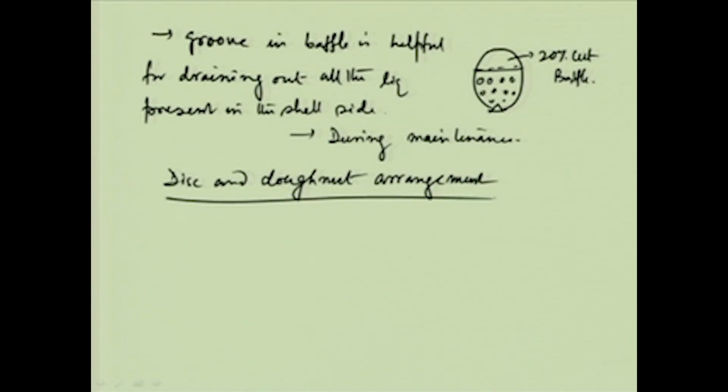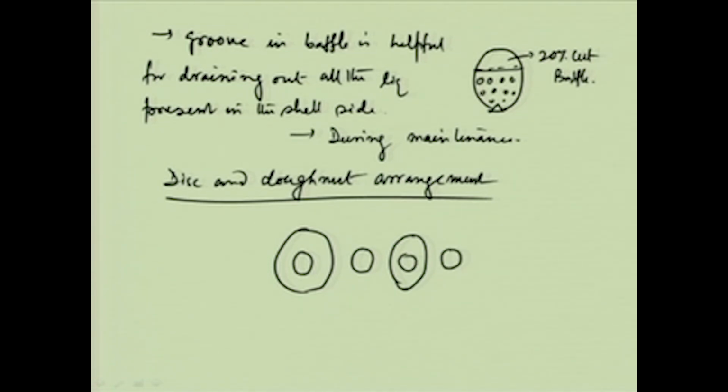So, under that situation, what happens is that a baffle is there. This inner portion is cut, and in the next baffle the outer portion is cut. Then we have another baffle where the inner portion is cut and then the outer portion is cut.